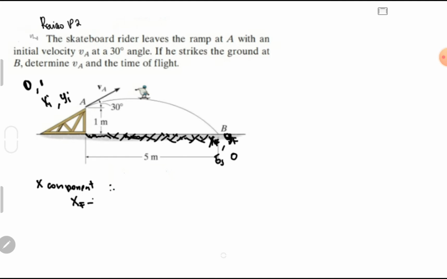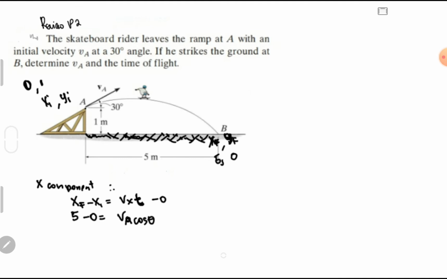So I have xf less xi is equal to vx multiplied by t, and our acceleration is 0 in your horizontal or x component. So xf is equal to 5 meters less our xi, which is 0, and our vx is equal to vo, or your va cosine theta.